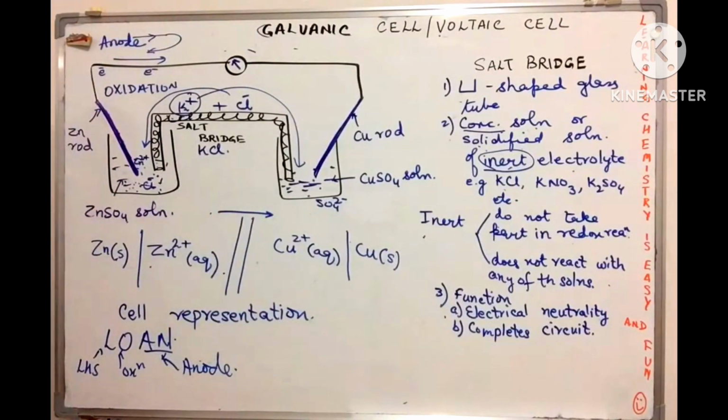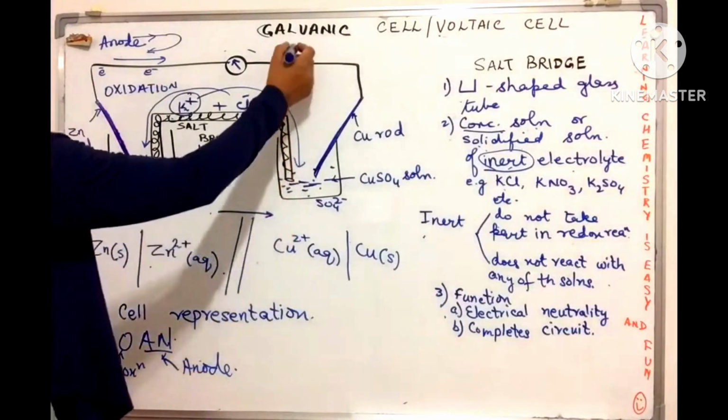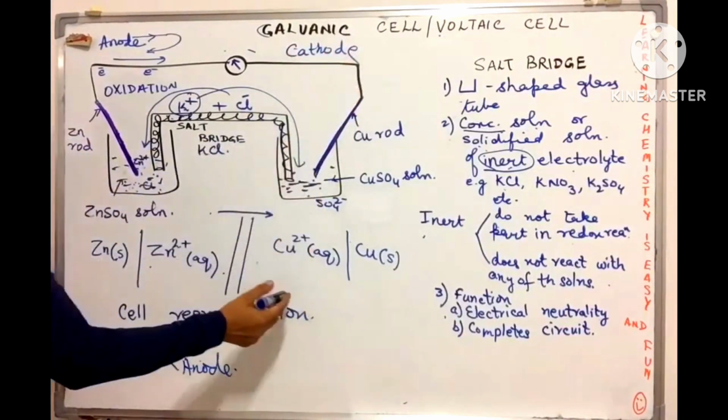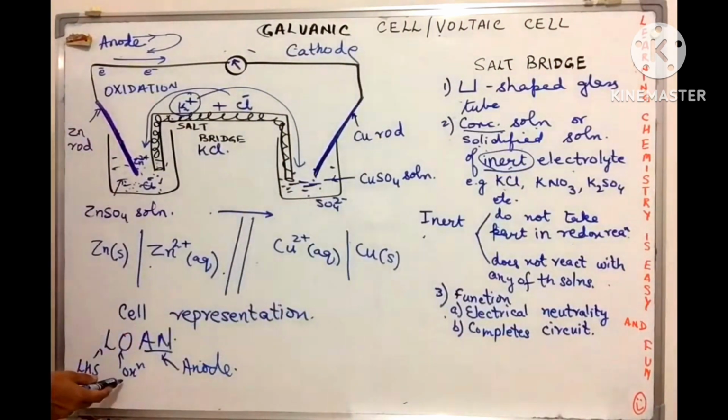So automatically the copper half of the cell becomes the cathode, and I am representing it as reduction, and we are showing it on the right hand side. So if you remember LOAN, you will be able to represent the right hand side very easily.